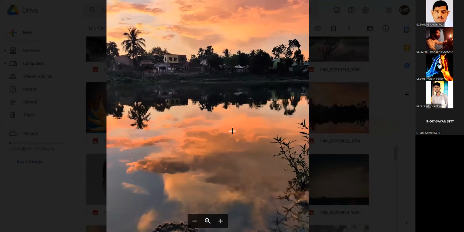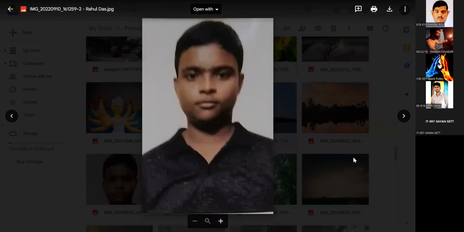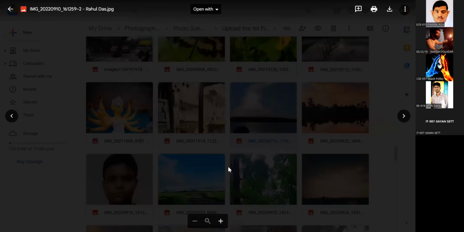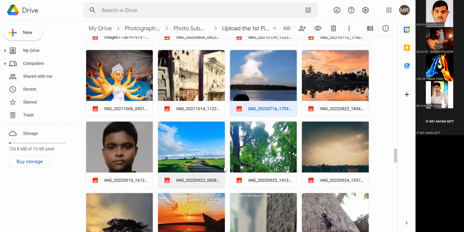Also good. Okay, Rahul Dash, you have uploaded your own picture in both choice 1 and choice 2 categories. So I understood only one thing: Rahul Dash only loves Rahul Dash, and that's all.